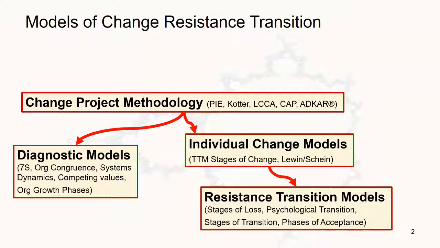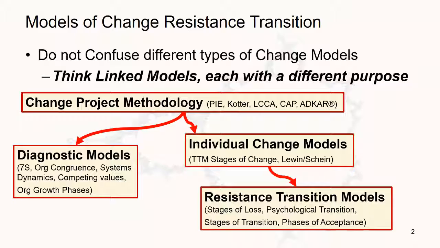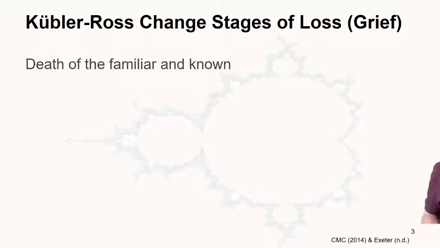So within the broader perspective then, there's 4 different types of change models, and in this lecture we're going to focus just on those that relate to resistance transition. Think of them as being linked models, each with a different purpose. The purpose in this case, understanding resistance to change.